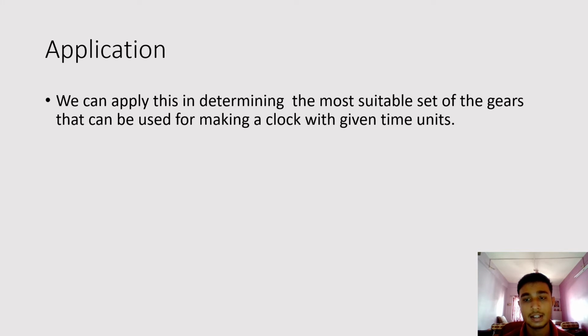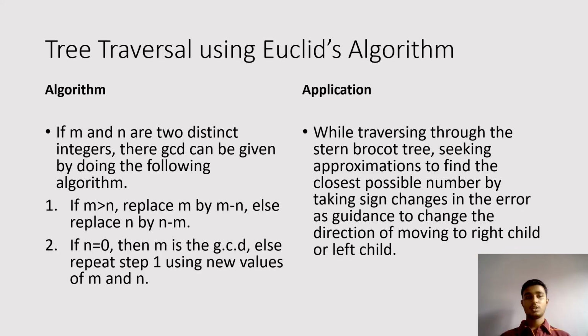How can we apply this? Let us see. Tree traversal using Euclid's algorithm. First let us discuss the algorithm. The algorithm says that if m and n are two distinct integers, then their GCD can be found by doing the following. If m minus n is greater than 0, then replace m by m minus n, else replace n by n minus m.